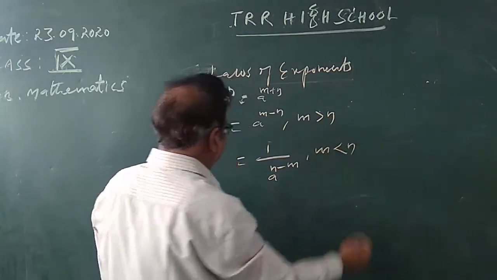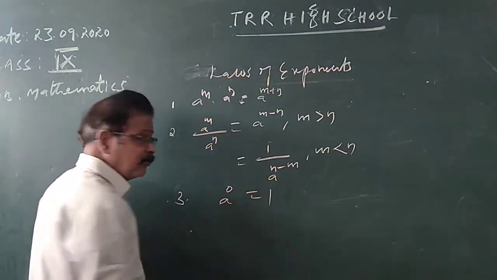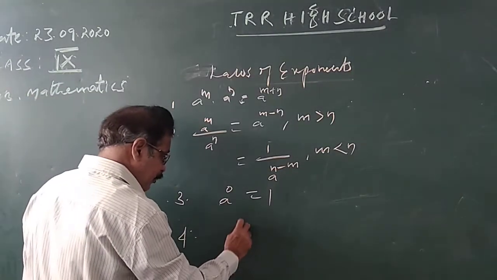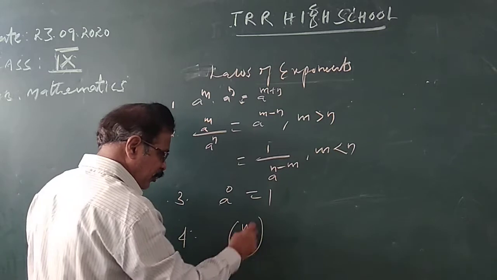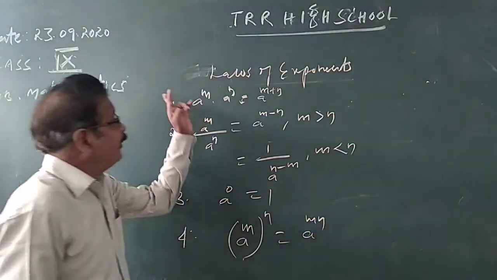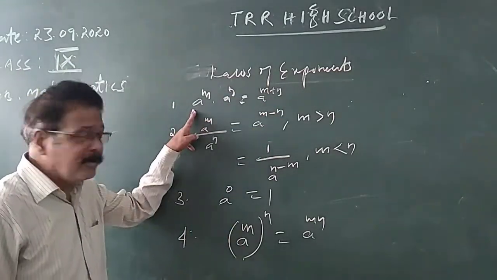Similarly, a to the power of 0 is equal to 1; anything to the power 0 is 1. The fourth is the power of a power property: a to the power of m whole to the power n equals a to the power of mn. Here m and n are integers, and a is a positive real number.